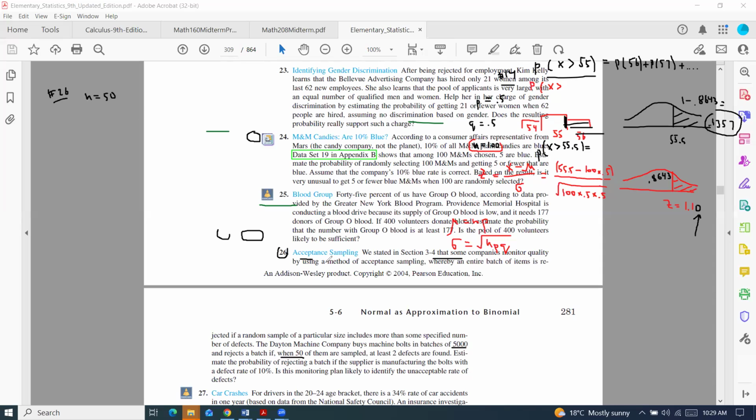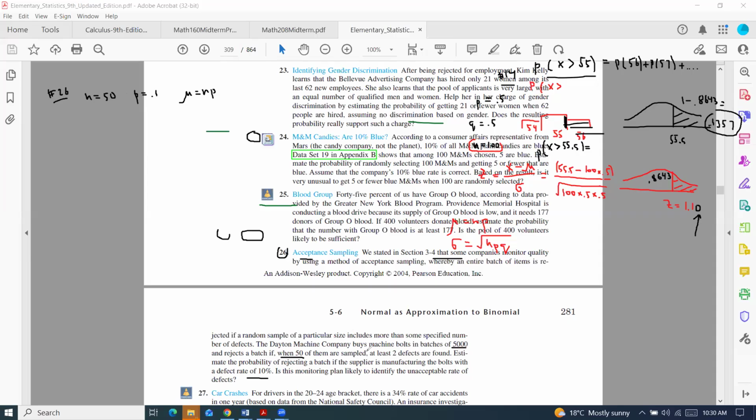Now they say the rate is 10%, so the chance that a bolt is defective is 10%. So we already know what we expect is np, the mean, which is 5 defectives found. When they sample 50, they expect to find 5.